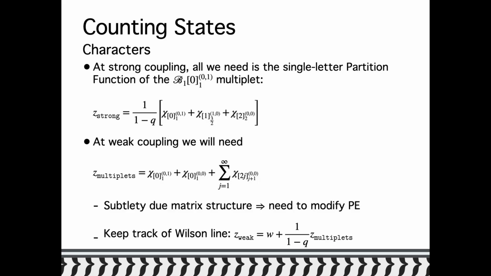Forget for a moment the 1 over 1 minus q, and let's look at the three terms inside. The first term is some character, and it's the character associated with this fluctuation y^m that I was telling you about. This is a bosonic fluctuation that transforms in the fundamental of SO(5), and it has dimension 1.